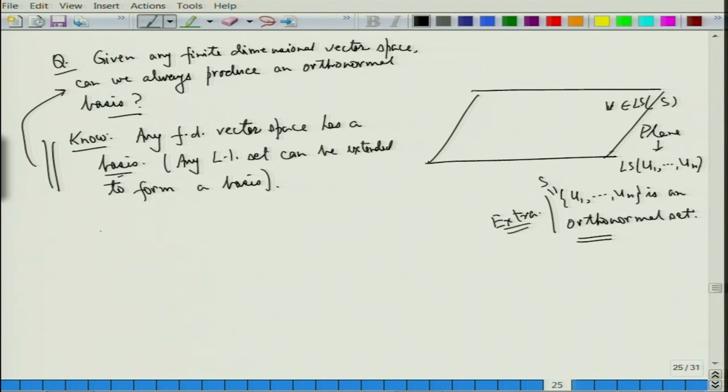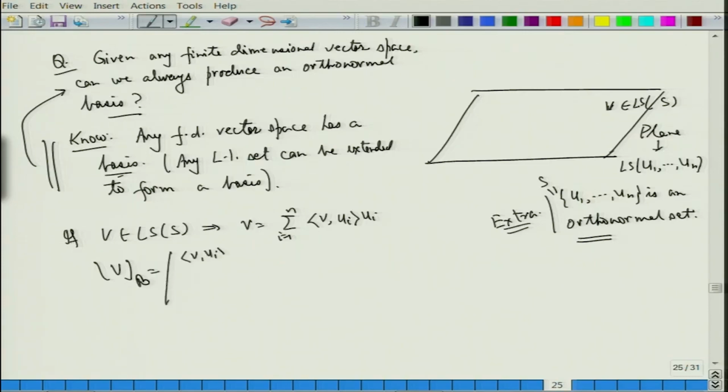So if V belongs to LS of S, then V is nothing but the summation of V comma ui, i going from 1 to n, which in some sense we are saying is V in the ordered basis, u1 till V comma un. I am just stressing it again and again, which is very important for me.